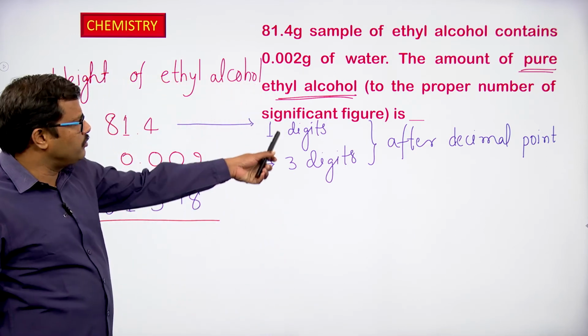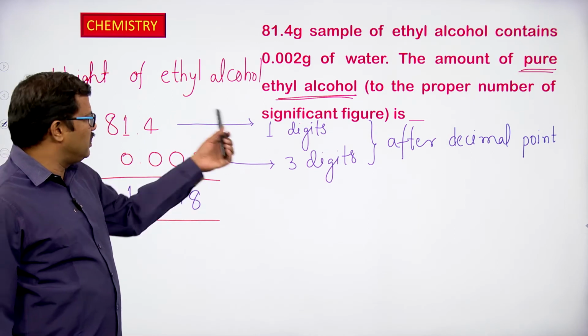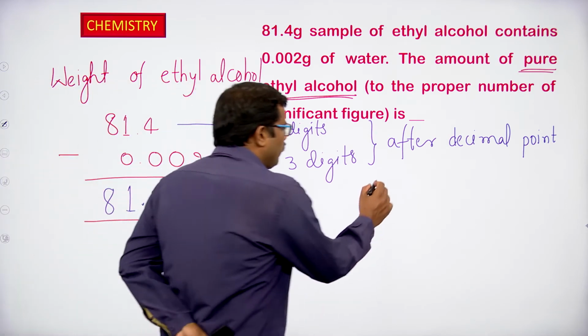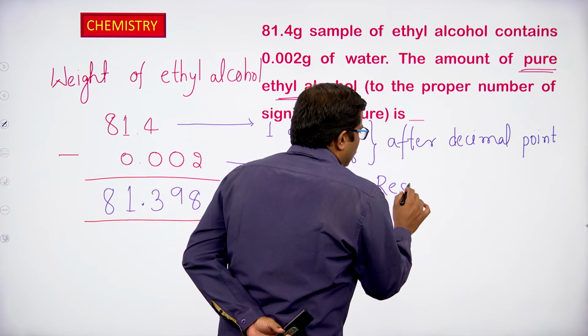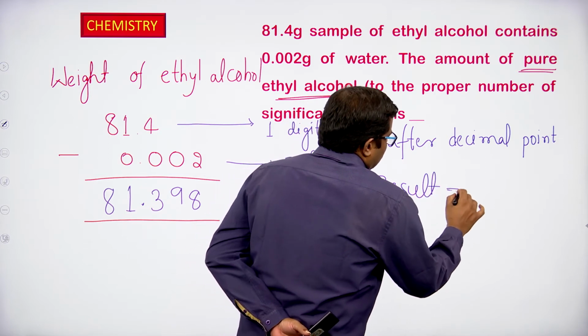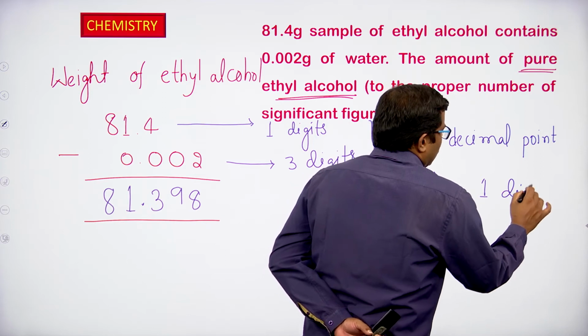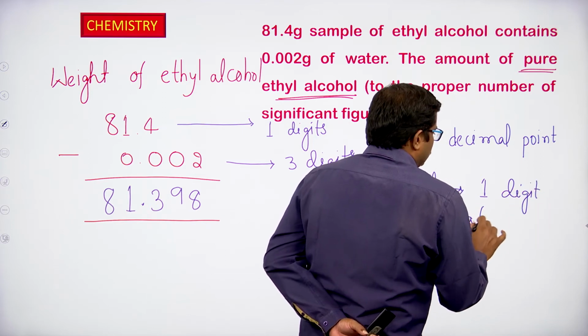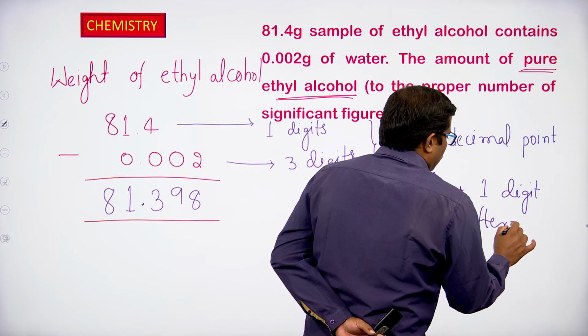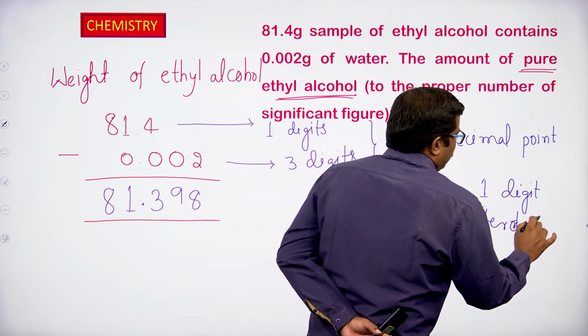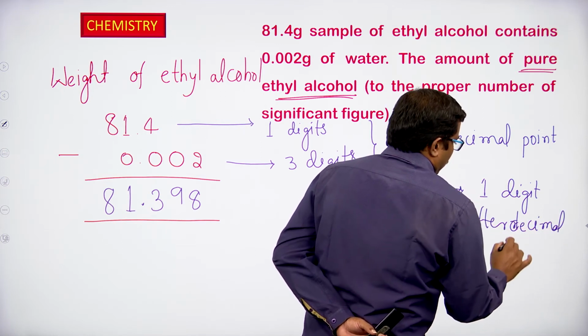After observing the number of digits present in the two numbers, we have to give the result, and the result must contain only 1 digit after the decimal point.